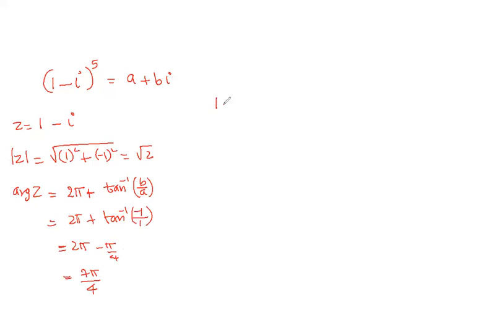So 1 minus i can be written as r into cos theta plus i sin theta. नहीं तो मैं ऐसा लिख लेता हूँ, r e raised to i theta. या तो कैसा भी लिखो, ऐसा भी चलेगा. No problem. Doesn't make any difference.